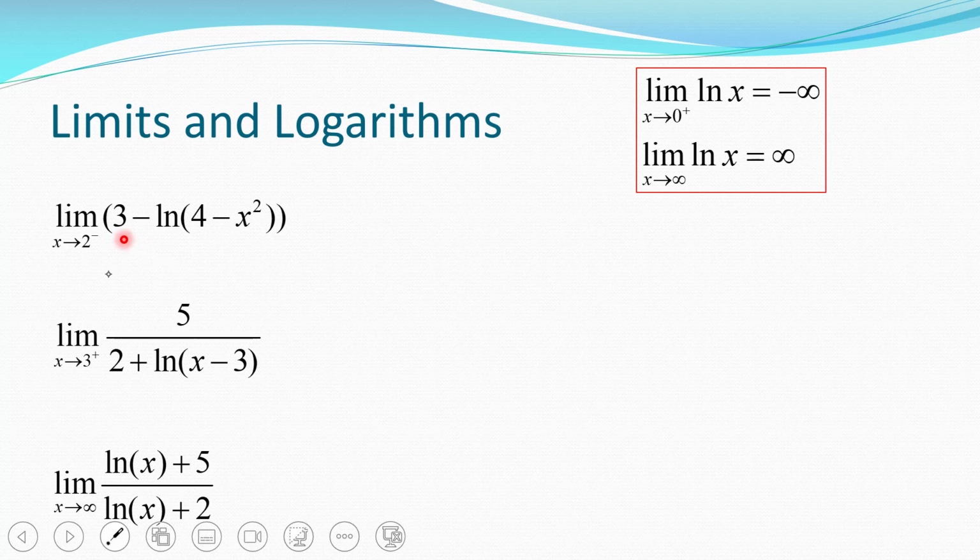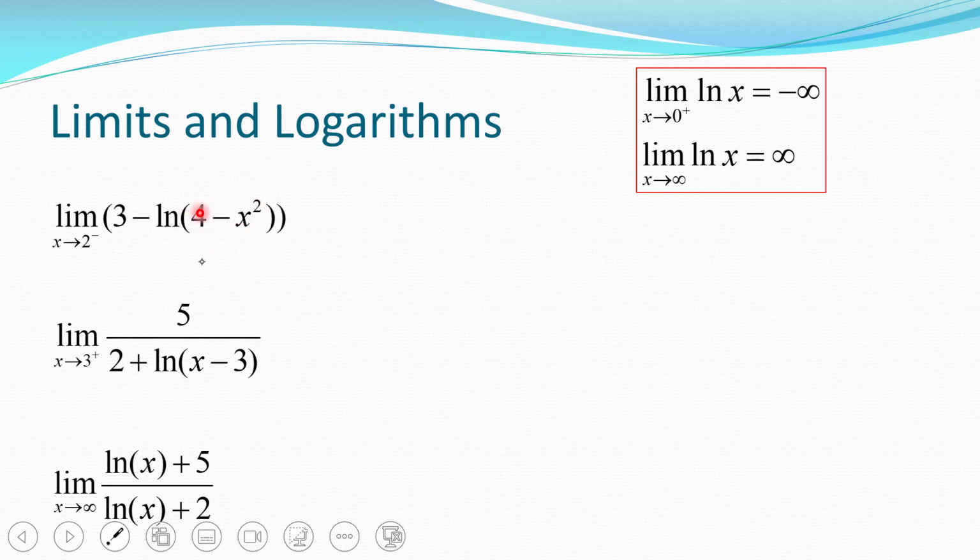So to find the limit of 3 minus the natural log of 4 minus x squared, well, if x is approaching 2, then this is approaching 4. This then is approaching 0. We have to be careful, though, and figure out how does it approach 0. So if x approaches 2, but it's less than 2, this is less than 4. This difference then is more than 0.